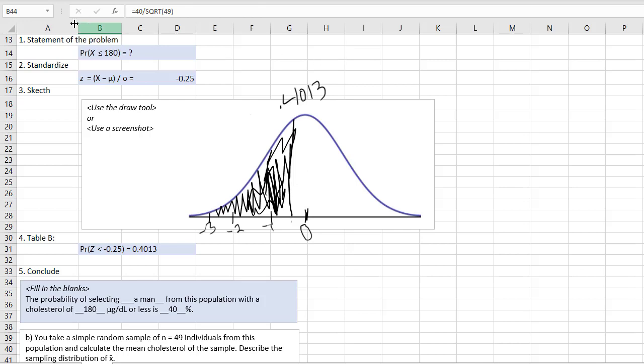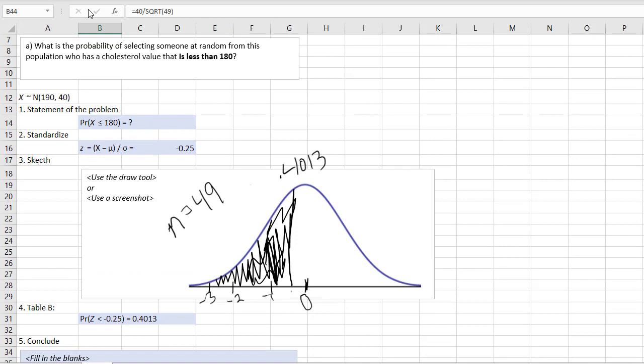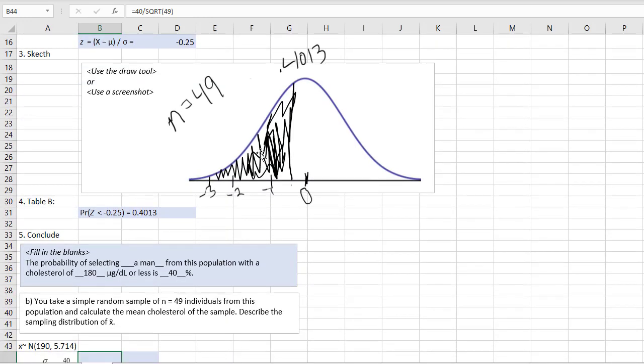If this is like the normal population, but we're saying that we have an n of 49, what are the chances of getting a normally distributed group of people that has something within this shaded area? So rather than just one, we're talking about an average that is going to be less than 180.